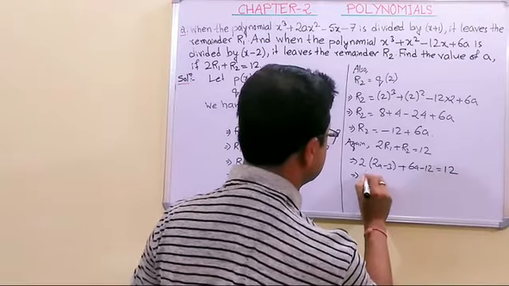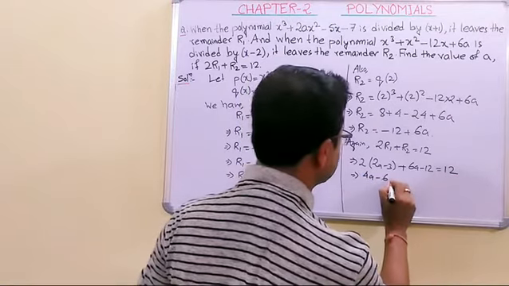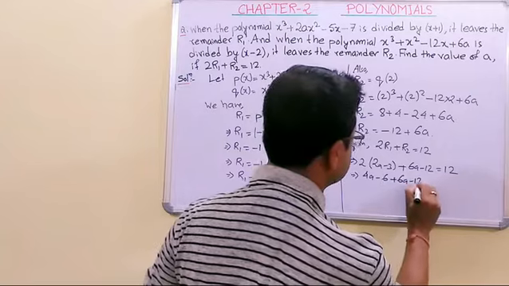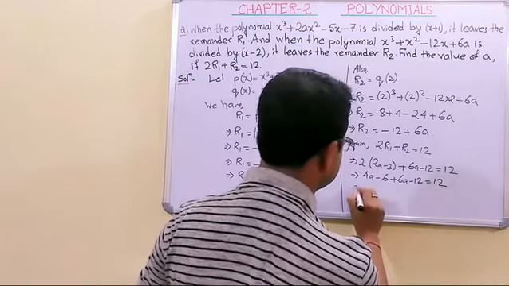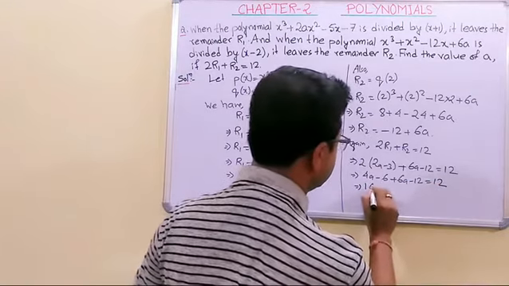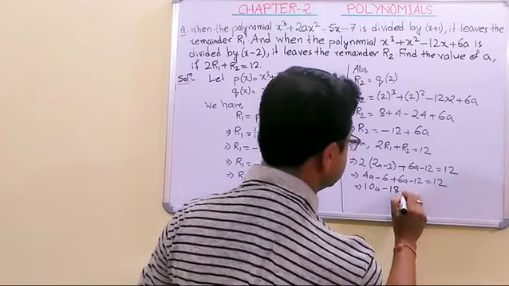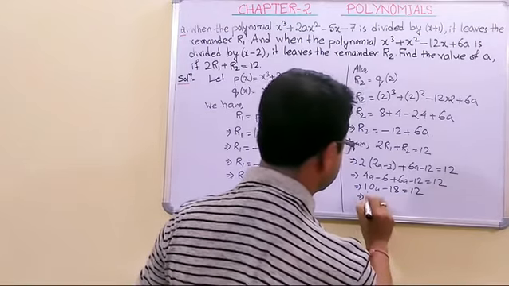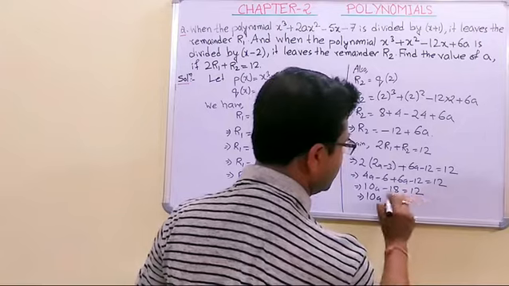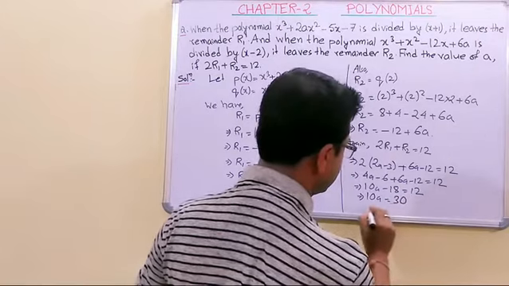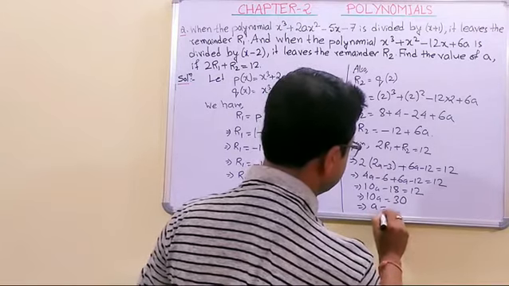This is 4a minus 6 plus 6a minus 12 equals 12. So 4a plus 6a is 10a, minus 18 equals 12. 10a equals 12 plus 18, which is 30. So a equals 3.